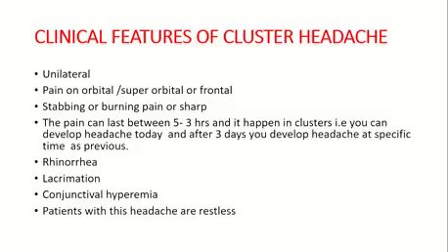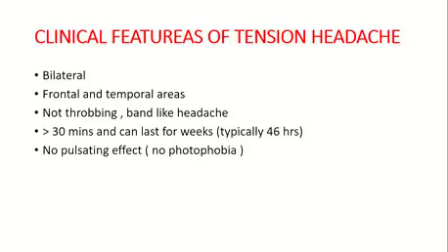So let's look at the clinical features of tension headache. In tension headache, take note: this type of pain is bilateral, and it's mostly on the frontal and temporal areas, and it's not throbbing. It's band-like, like if you take a band and wrap it around your head, like you are pressing your head with a band.